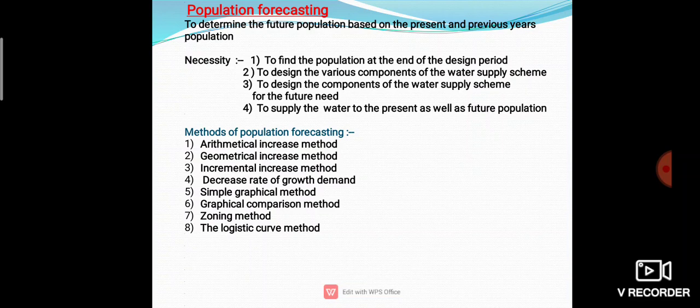The population of every city or town increases from time to time. It doesn't happen that if the population is 10,000 in 2001, it is the same for all 10 years.